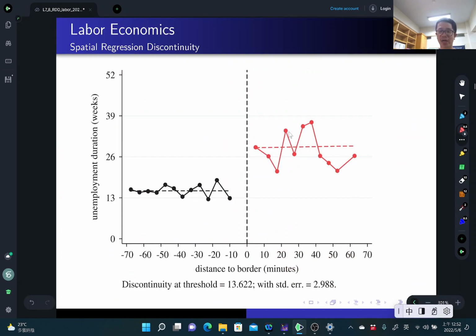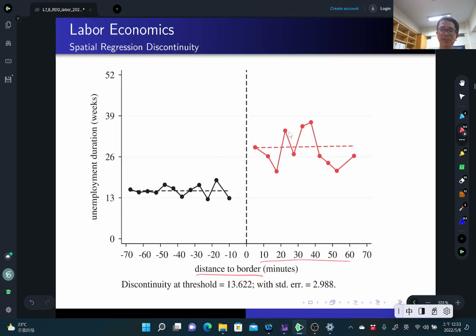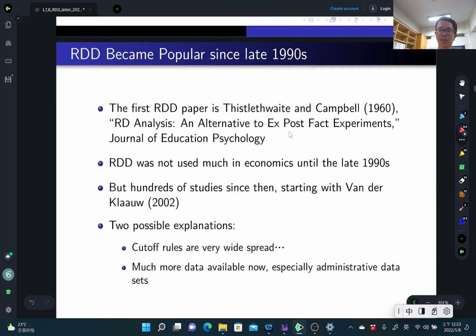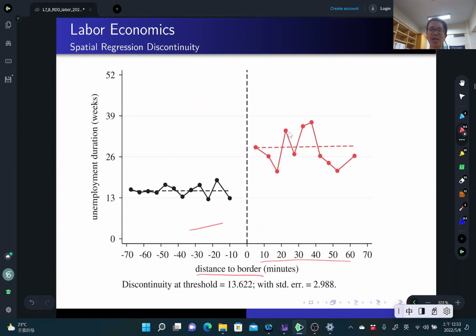Here the assignment variable is the distance to the border. A positive number means they are in the blue area, and a negative number means they are in the white area. You can see around the border there's a discontinuity in the outcome, the unemployment duration.